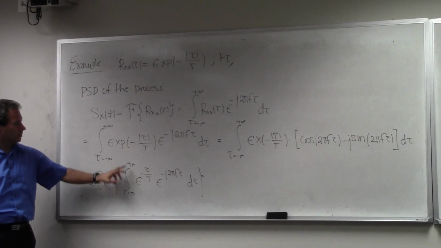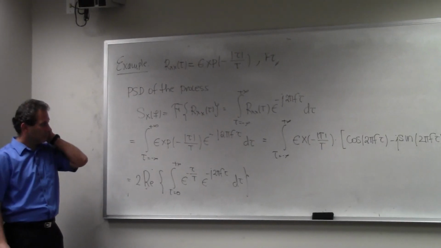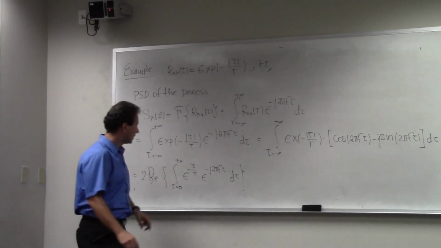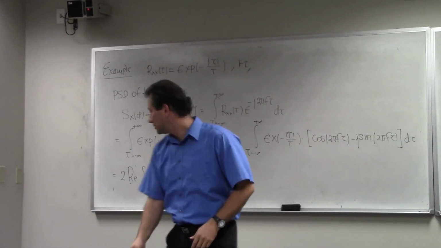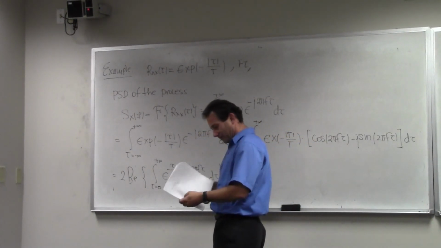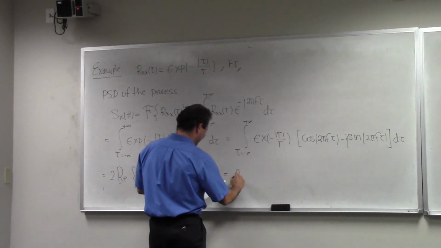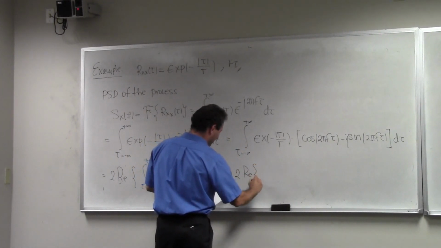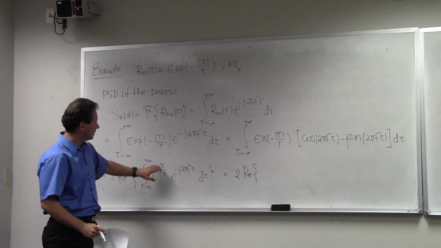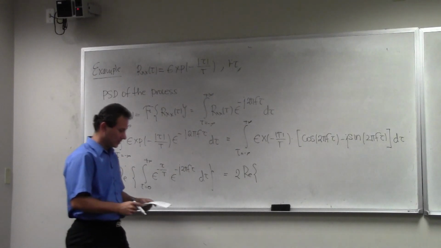Because the real part is even too, I can integrate only from 0 to infinity. Now this integral is quite easy, right? It's just e to the something. So it's 2 times the real part, and this is e to the sum of these two, divided by whatever is upstairs.